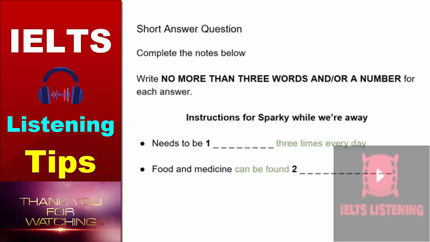Where can we find the food and medicine? Okay, so that would make sense logically, and a location would make sense grammatically in this particular phrase that we have here for question 2. So those would be my predictions for this set of questions. And that's giving you an example of a good way to approach making predictions and analyzing these questions before the speakers begin talking.